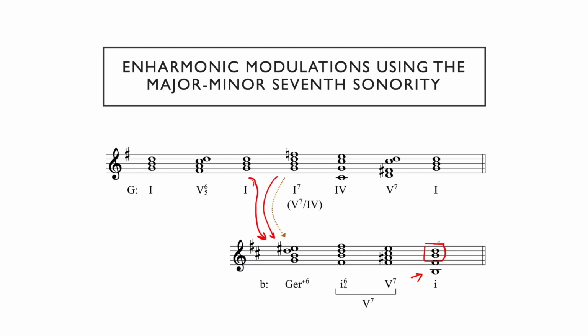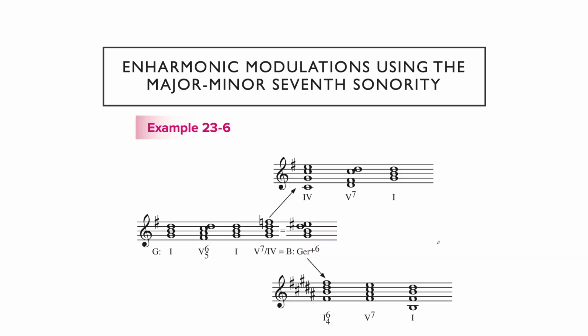So, this is what we call enharmonic modulation. As I said, this is like a switch point. At this point, it can continue in G major, but it can also continue in another key, in B major or B minor. It depends on the interpretation of the chord.